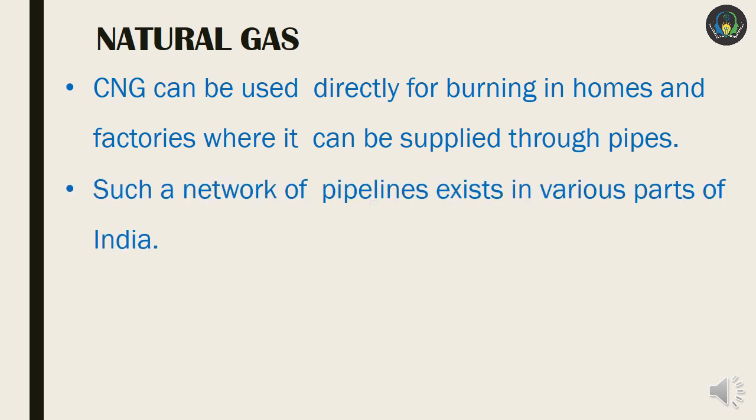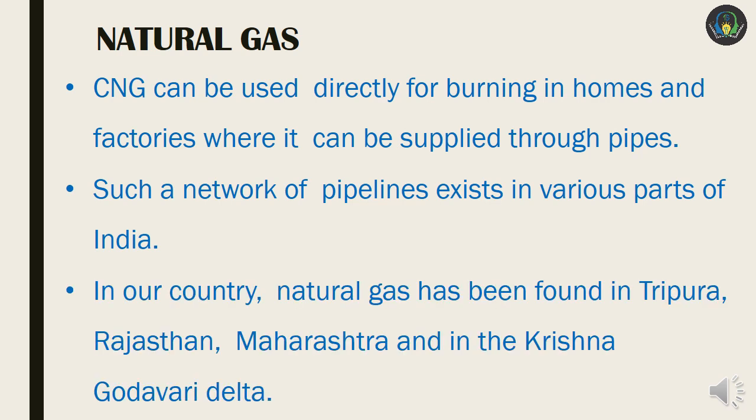Such a network of pipelines exists in various parts of India. In our country, the natural gas has been found in Tripura, Rajasthan, Maharashtra and in the Krishna Godavari Delta. Krishna Godavari Delta is also the region where petroleum is also found.